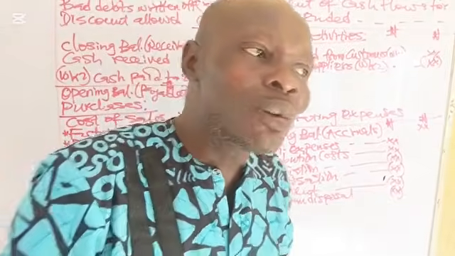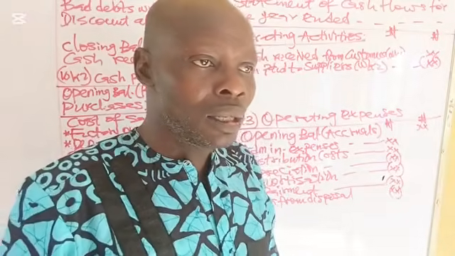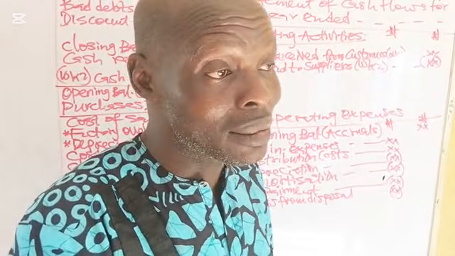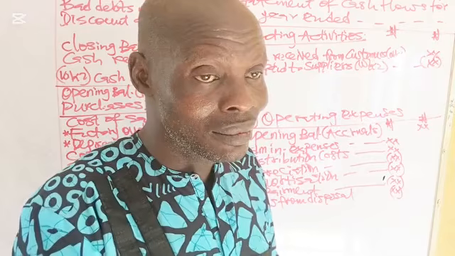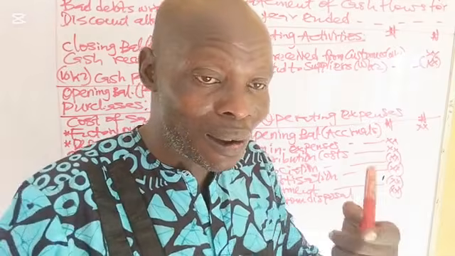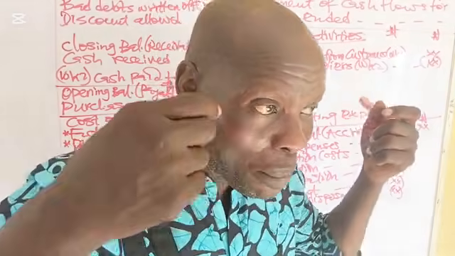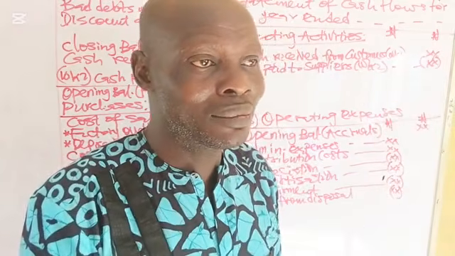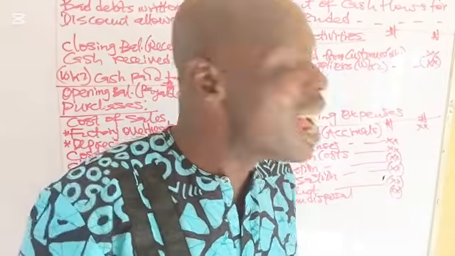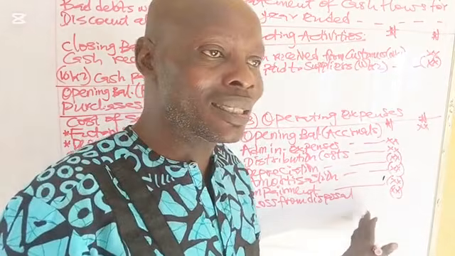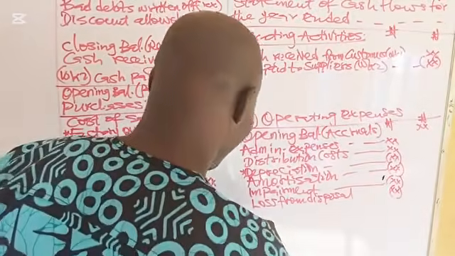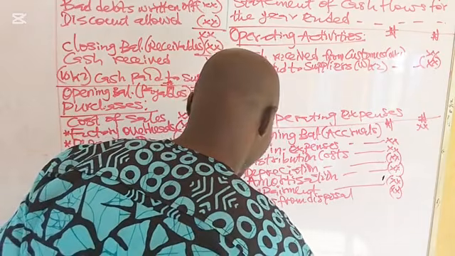But do you know that the question, by way of additional information, may tell you that the profit from disposal has been credited to administrative expenses? You've not seen that. The more questions you solve, the more your eyes will be opened to adjustments. Where the profit from disposal has been credited to expenses, that means the expenses have been reduced. So in that case, you will add them back.